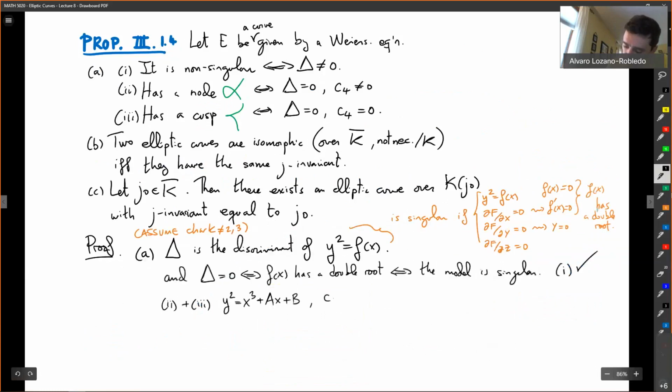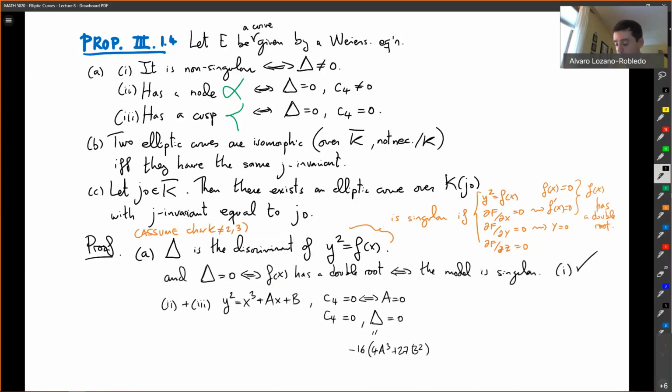So C4 is 0 if and only if A is 0. And if you have that C4 is 0, which means A is 0, and delta is 0, where delta is minus 16 times 4A cubed plus 27B squared, then C4 and delta equal to 0 tell you that A is 0 and B is 0.